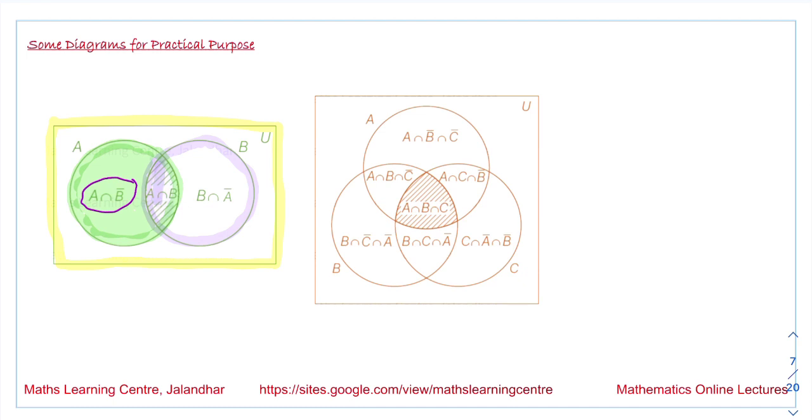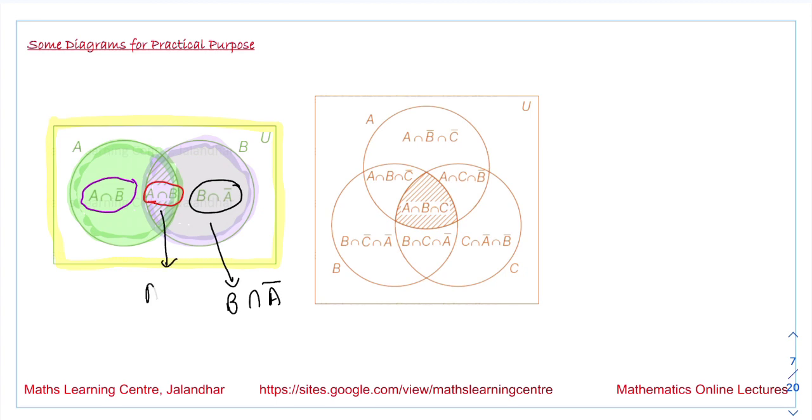Second, this portion over here that is common between A and B is the value A intersection B. Third, this outer portion over here represents the value B intersection A bar.